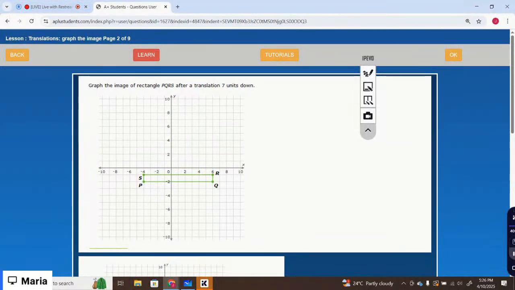Graph the image of the rectangle PQRS after a translation of 7 units down.